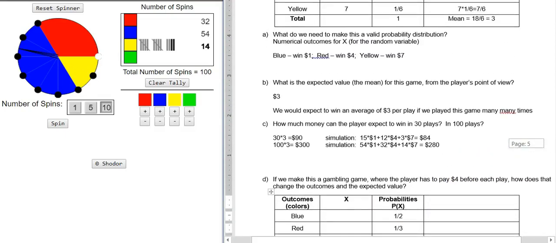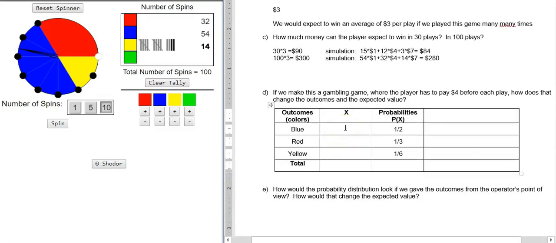If I get a blue, then I win $1. I put in 4, I got back 1. I've actually lost $3. To signify that I lost the money, I'm going to put this in as a -3. This time this is going to be my gain or loss on the play. A loss I'm going to put in as a negative number.